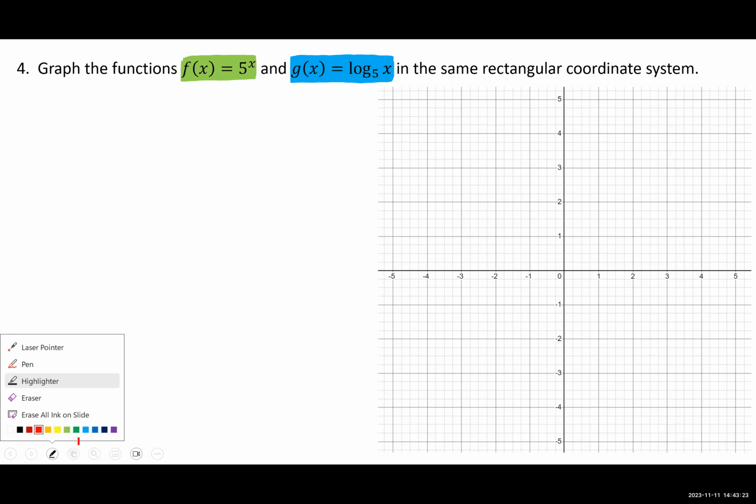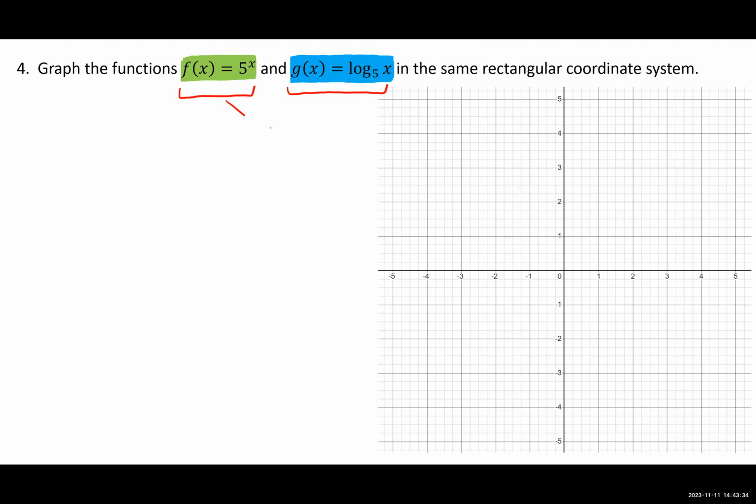Now, the way we're going to do this is going back to our previous discussion on inverses. So this function and this function are inverses of each other.